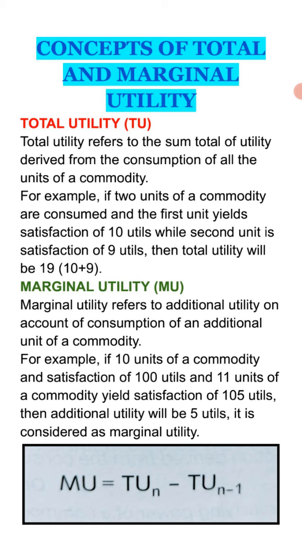For example, when a particular consumer is using 10 units, getting the satisfaction of 100 utils, and by using the 11th unit, he is getting the satisfaction of 105 utils, whatever the extra is there, that is 5 utils, will be considered as the marginal utility. You can see the formula also: MU, that is the marginal utility, equals TUn of the corresponding unit minus TUn-1, that means the previous TU.